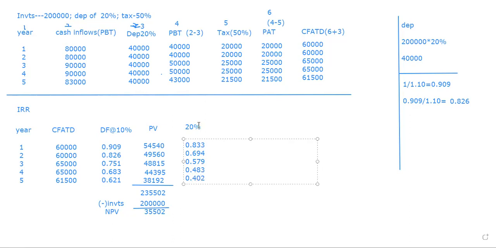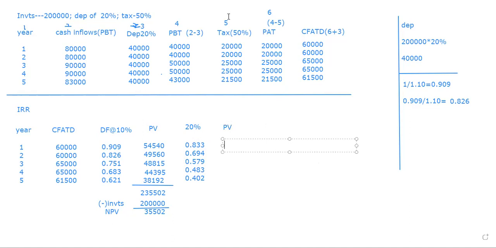So now I have taken the discounting factor values at 20%. Now I'll multiply again with 60,000 and the rest. So here again, this is my PV values. Now I'm going to multiply, so again I'll start using my calculator.